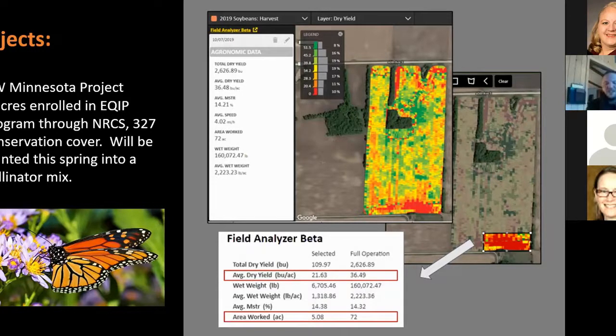What kind of changes does that mean? Does it mean a different genetic with our seed? Does it mean another pass? What is it, and where can we put that to use the best by saving some money, making more money on some acres, and spreading it across the entire field?